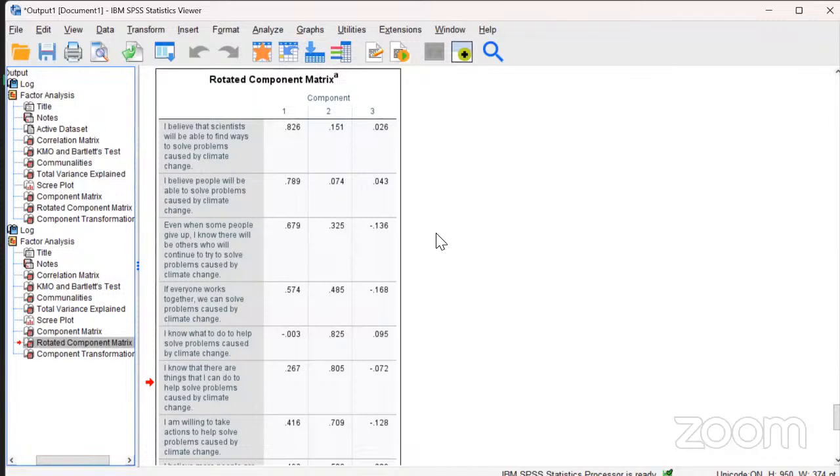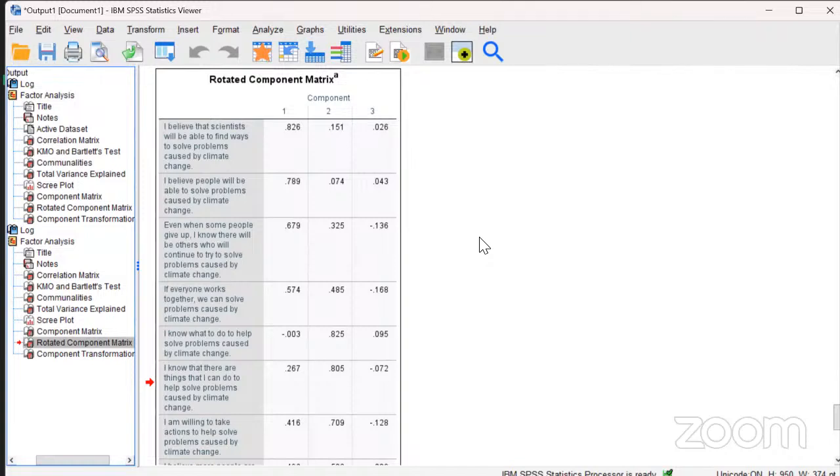So what are the things you have observed here in both items? A correlation: they all are focused on climate change, and the questions are addressing that people can solve it, people can come up with solutions, scientists will find ways.